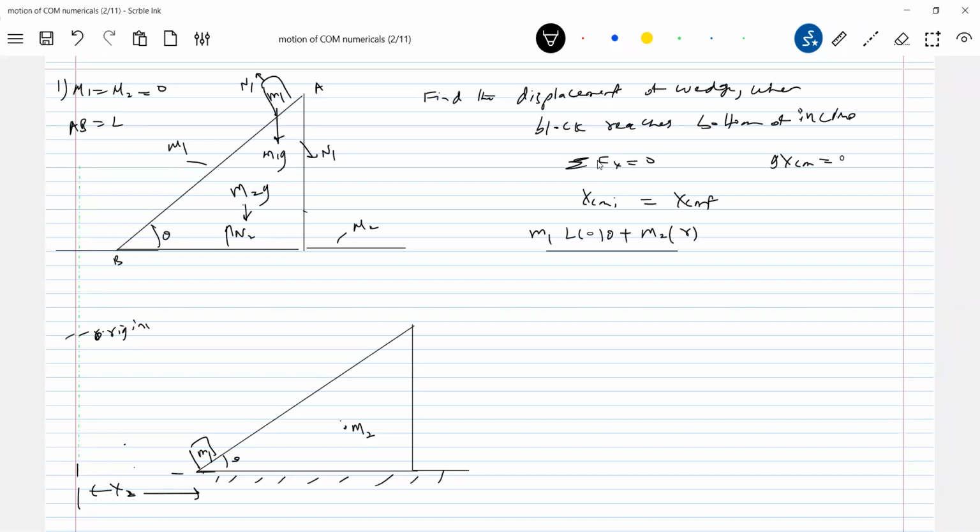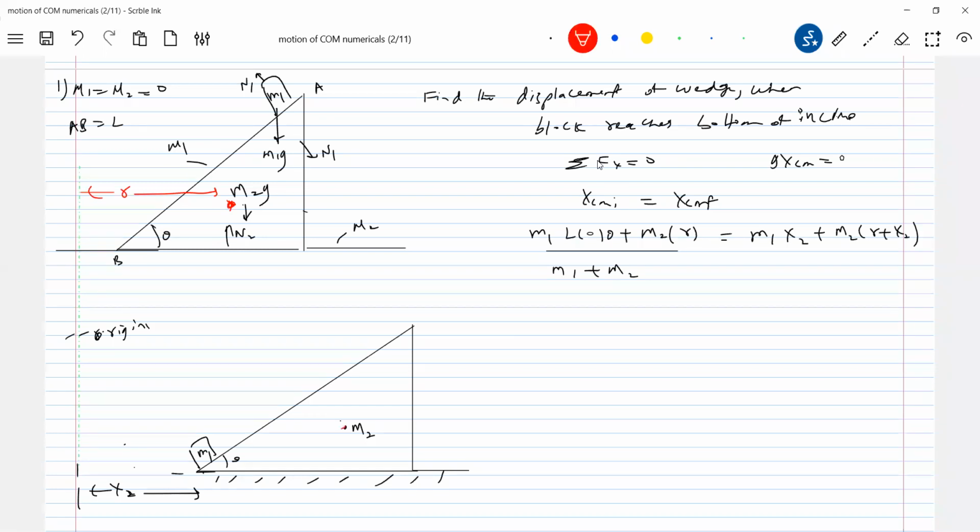M2, let it be at a distance R. What is R? R is the center of mass of the wedge. So let it be at a distance R, divided by M1 plus M2. Finally, at what distance is the block? At a distance x2. And at what distance will the wedge be? R plus x2.